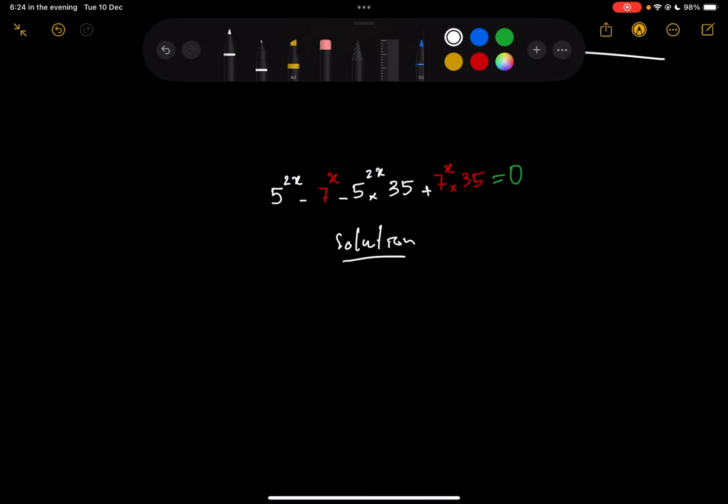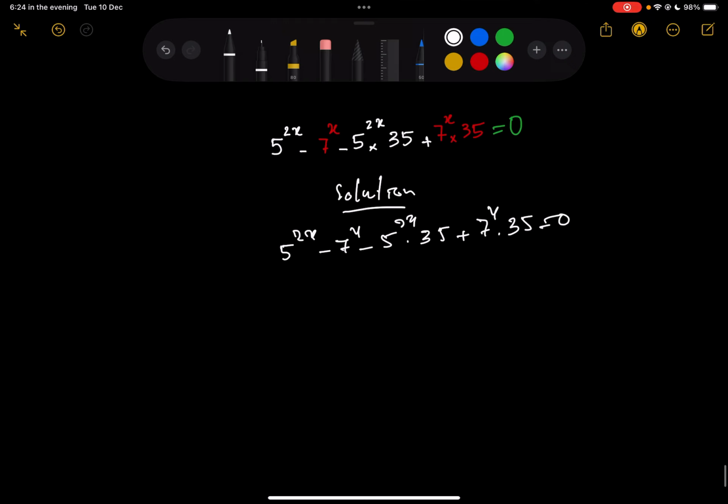Alright, so we have 5 power 2h minus 7 power h minus 5 power 2h times 35 plus 7 power h times also 35 equal to 0. Now we have base 5 and base 7, right?